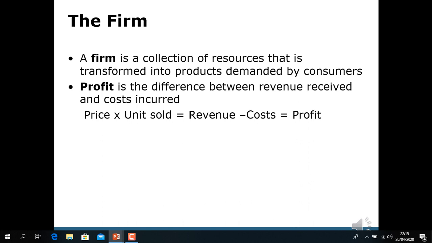And if we get total revenue more than total cost, the result is profit. On the contrary, if total revenue is less than total cost, the result is loss.